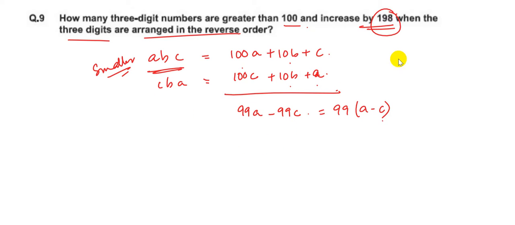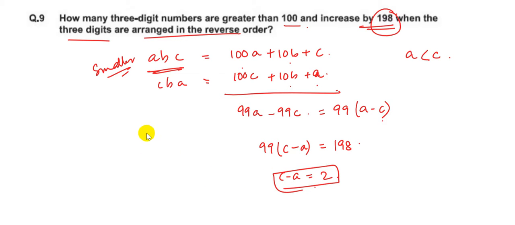So that means A is less than C. So it would be the opposite: 99 of C minus A will be 198. So that means C minus A is 2.